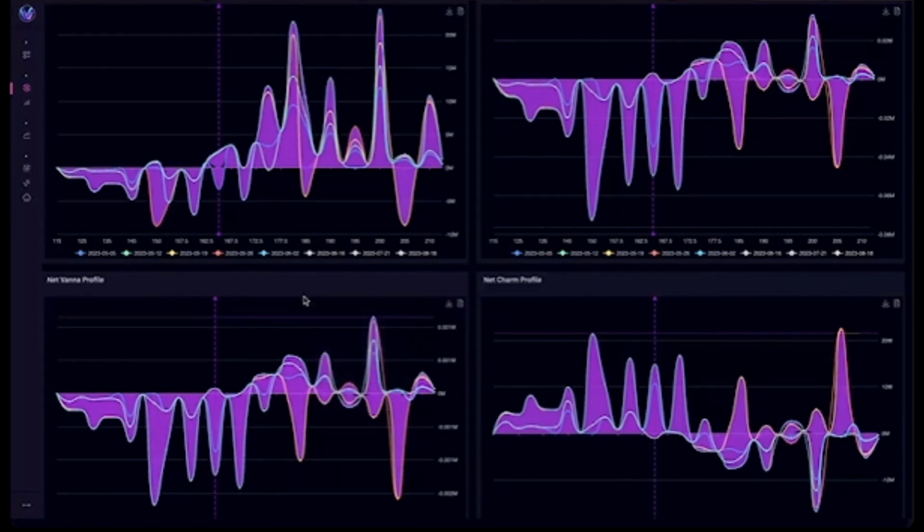If there's positive Vanna, right, and you have an increase in implied vol, then you're going to get a squeeze in that direction, because Vanna is telling you there's a positive relationship between Vega and Delta, and as a result, you're going to get an increase in value in those options.